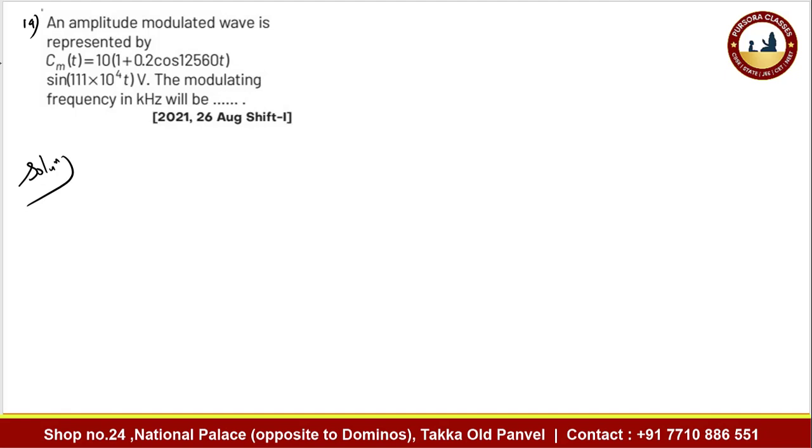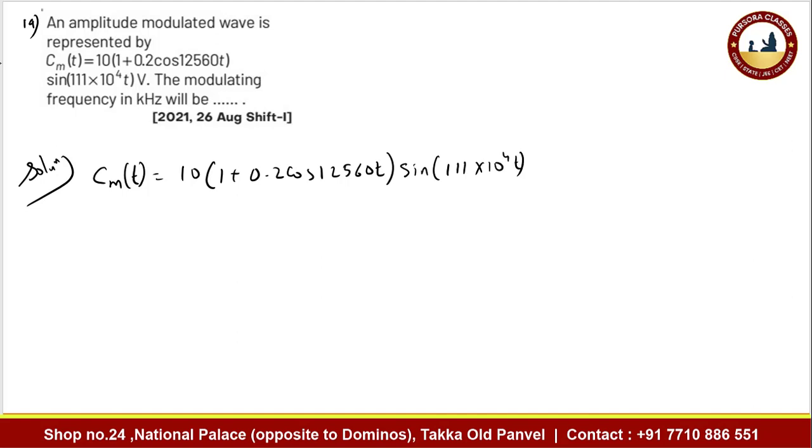An amplitude modulated wave is given by 10 into (1 plus 0.2 cos 12560 t) sin 111 into 10 raised to 4 t. We have to find the modulating frequency.